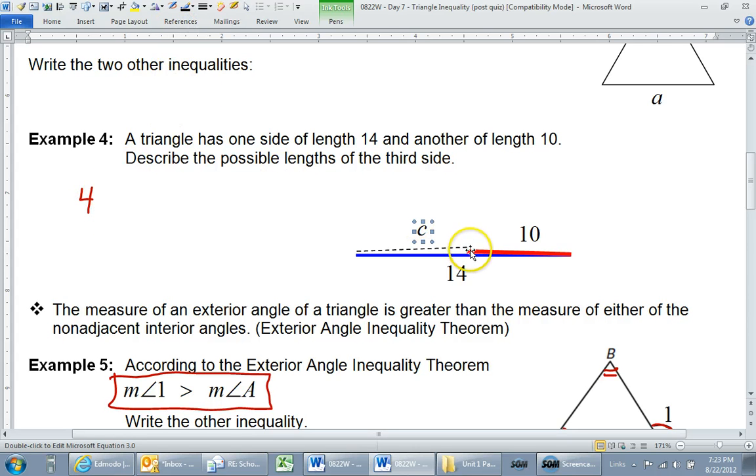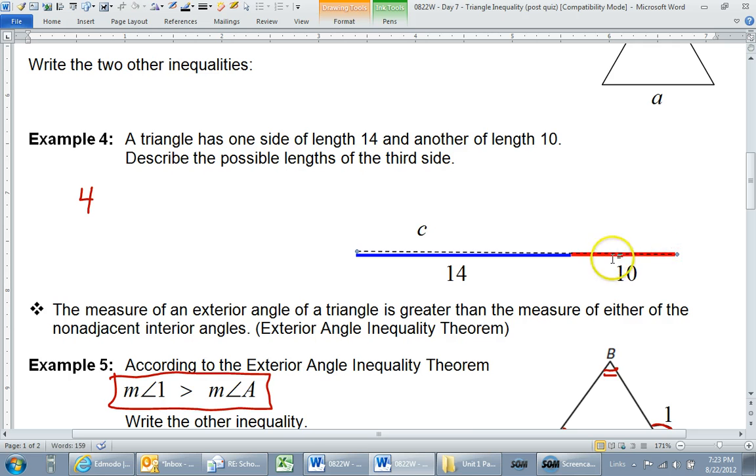How did I get the upper limit? Well, I took this and I stretched it wide open like this. So now C would have to stretch all the way from one side to the other. So now C would be what length if I stretched it all the way out?